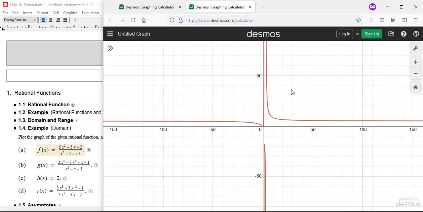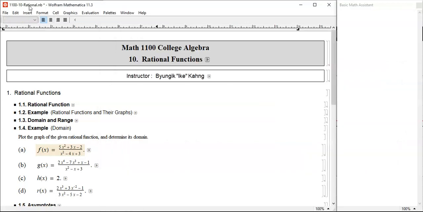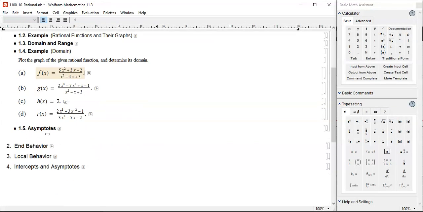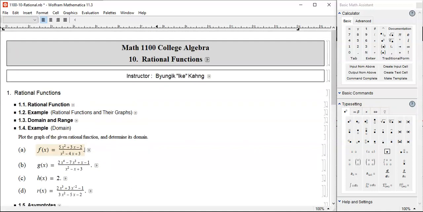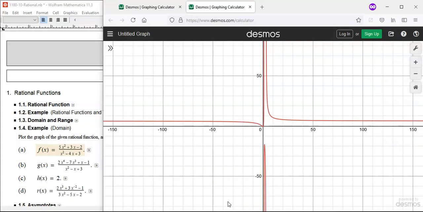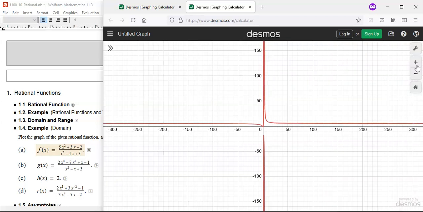These kinds of lines are called asymptotes. We're going to talk about those asymptotes a bit later, and that's going to be a bigger issue for this entire module. But for now, let's stick to the domains. That's what we had been doing. We're going to talk about the asymptote a bit later.